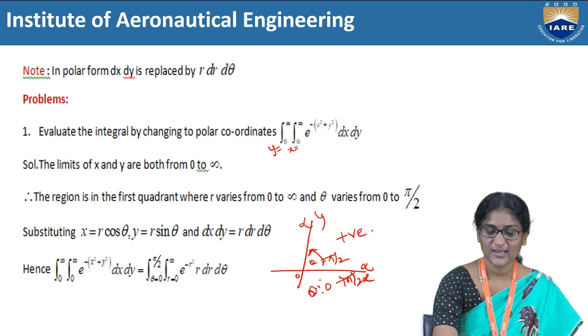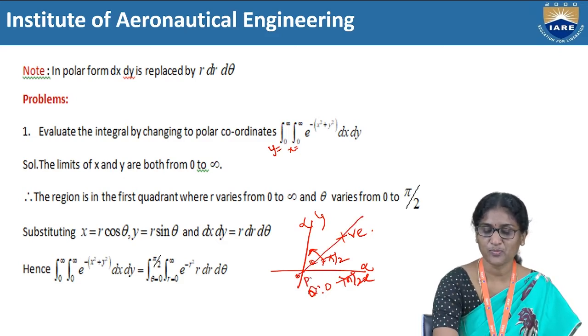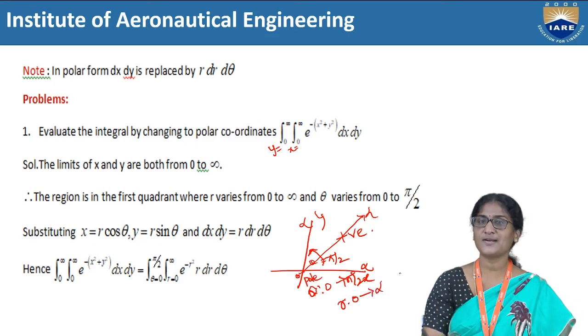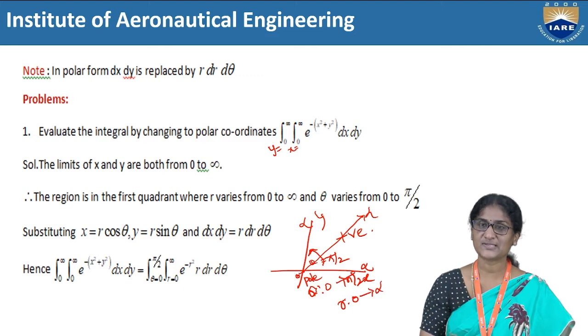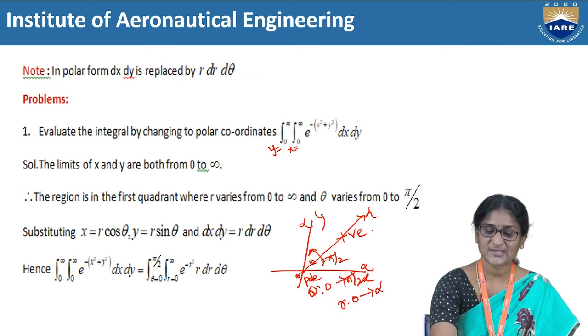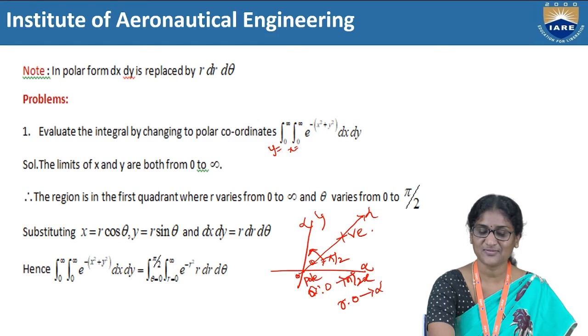Suppose you draw a magnitude here, starting from the pole point, r raises from 0 to infinity. So from the old coordinates itself, you can give what the new coordinates will be. Once again, whatever limits are given in the question, they lie in the first quadrant.